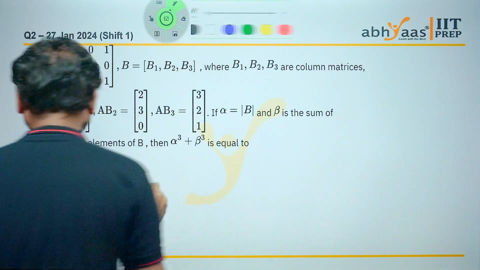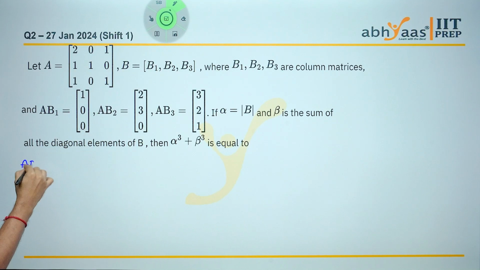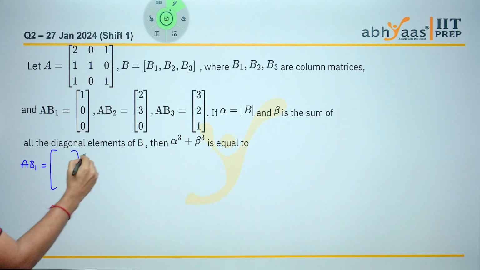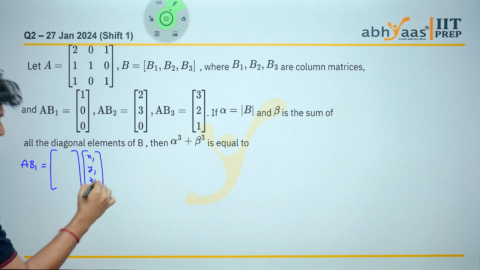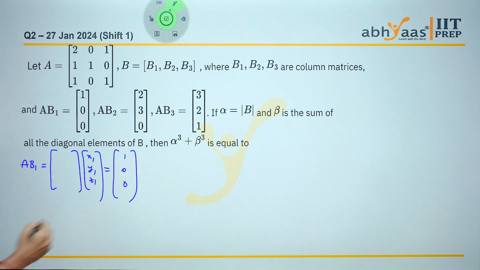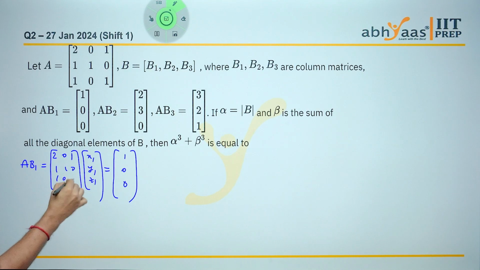Given A, AB1 is the A matrix times B1, let's say (x1, y1, z1), that gives (1, 0, 0). A matrix is [2 0 1; 1 1 0; 1 0 1].